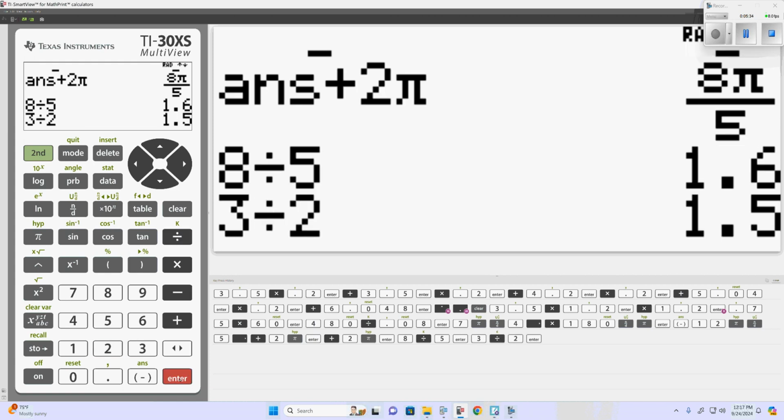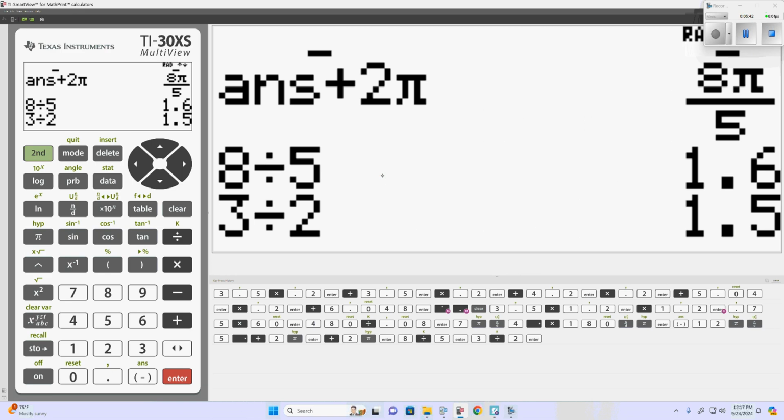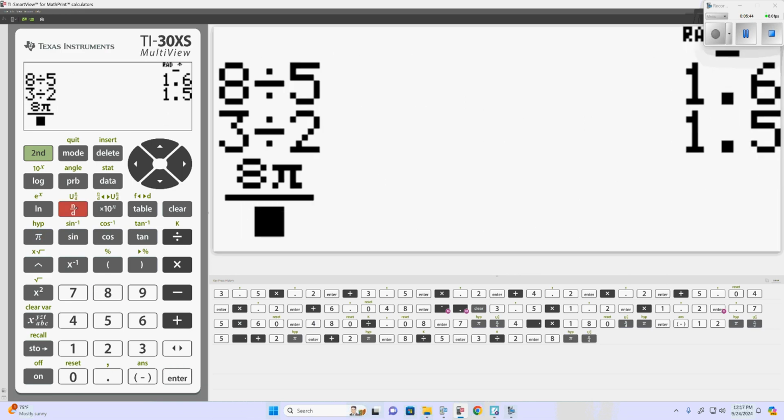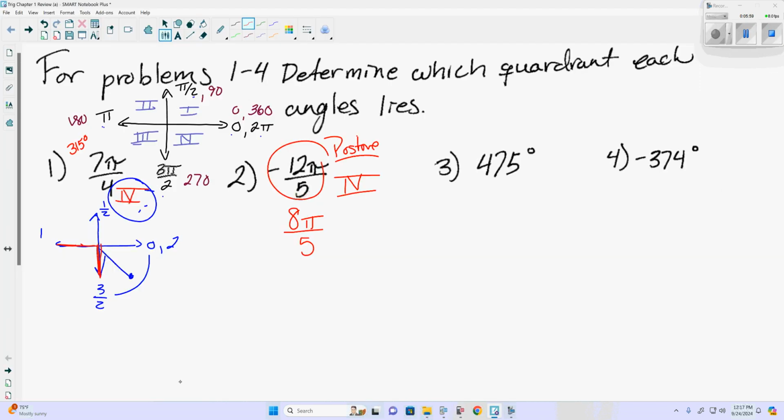Our 3/2 is 1.5, so no, it's actually bigger. This would also be in quadrant 4, yes. Another way we can look at it, again, I think working in degrees is a little bit easier. 288 degrees is bigger than 275? Yeah. So again, it is.